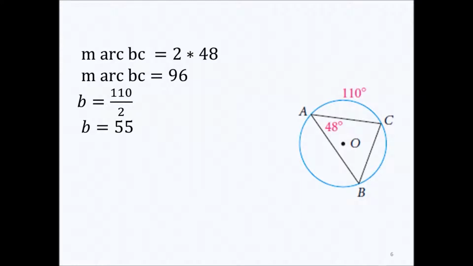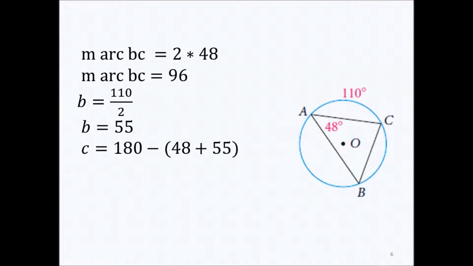Next, we're going to find the value of angle C. To do that, we're going to use the triangle sum theorem. Since we know that the value of angle B is 55, we can subtract 55 and 48 from 180 to get the value of angle C. And we know this because the triangle sum theorem states that there are 180 degrees within a triangle.